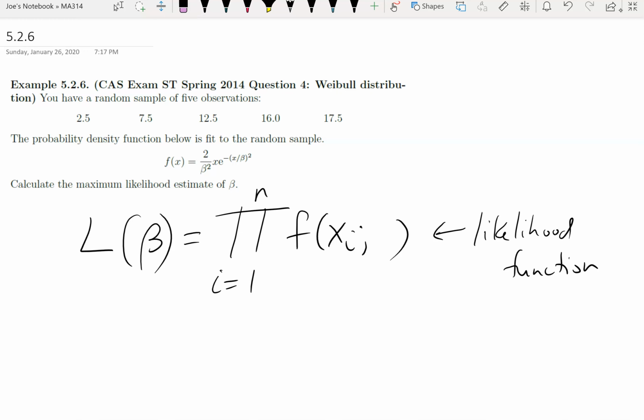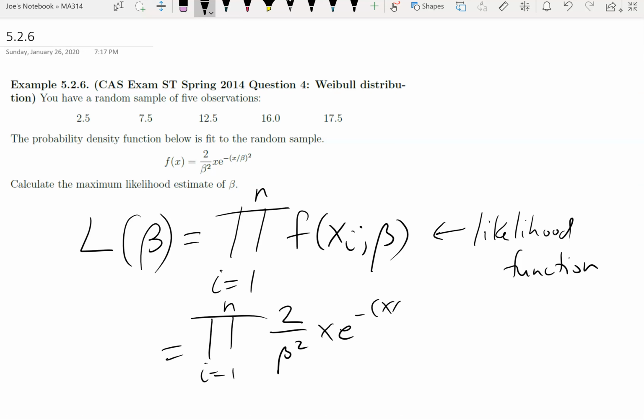So for our purposes then, we get 2 over beta squared x e to the minus x over beta squared. X sub i, sorry. These are all i's. So this is an x sub i, and this is an x sub i.